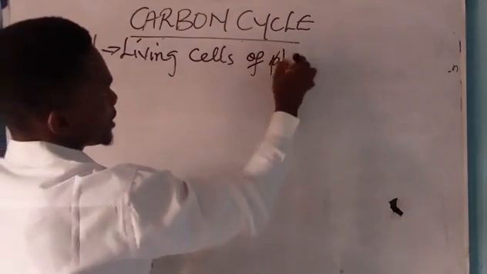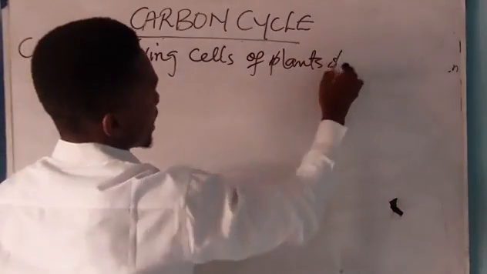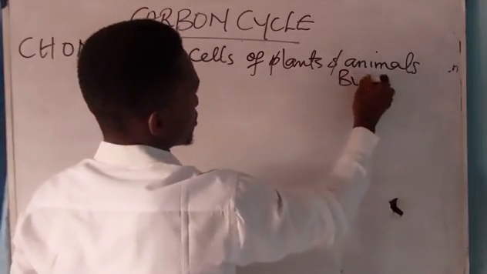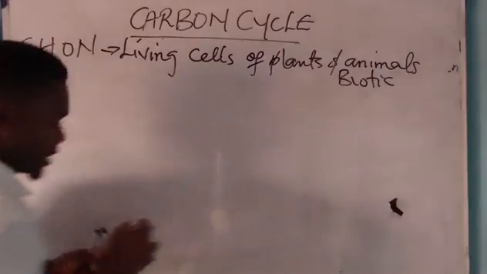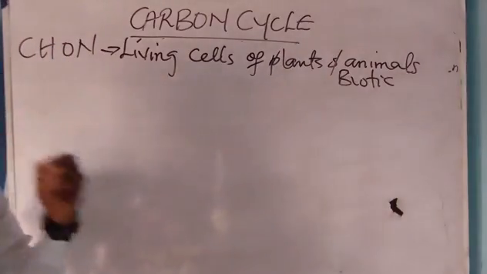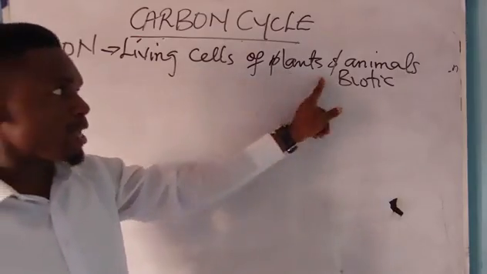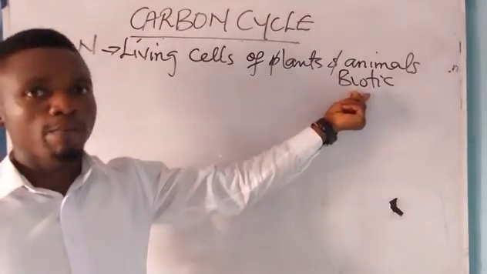of plants and animals are biotic. The elements or compounds present in the living cells of plants and animals are what? Biotic.